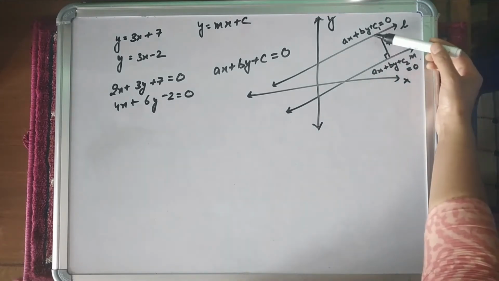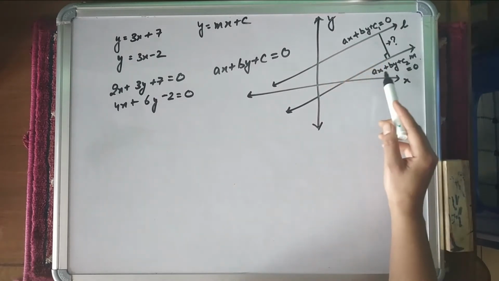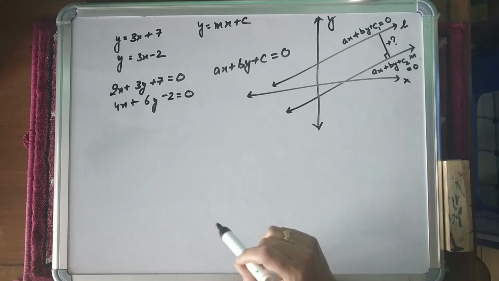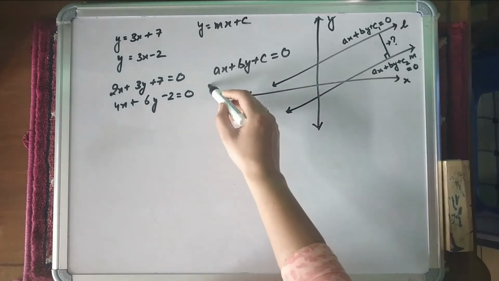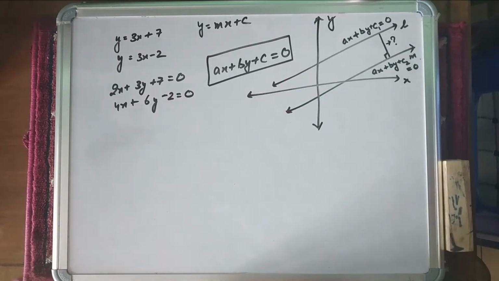Here you can see I have written the equations of two parallel lines as Ax + By + C1 and Ax + By + C2 equals 0. The standard equation for a line is Ax + By + C = 0.